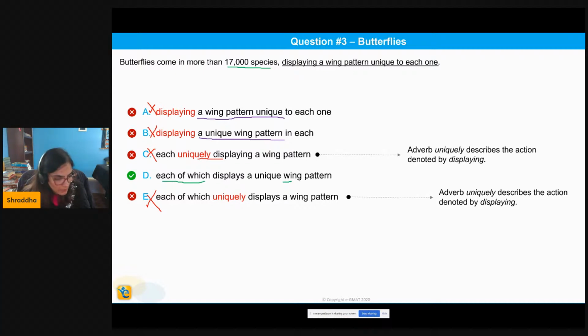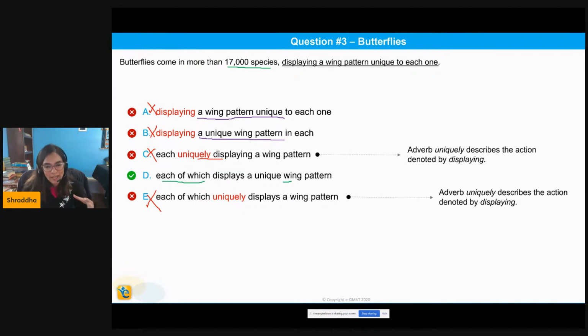So, when you are pinned on what is being tested, right? Displaying a common pattern, but maybe other species don't display a pattern at all. Jaideep, see, we know that every butterfly has a wing pattern, right? Every butterfly has some pattern on its wing.